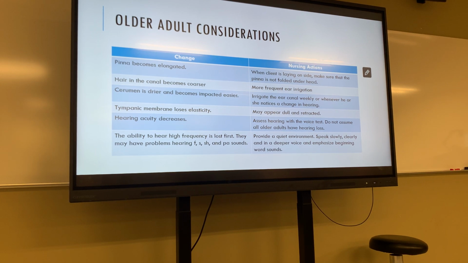So I mentioned that they have a hard time hearing high pitch noises, like their microwave, their alarm, the higher pitch things is what they have a hard time hearing. So when we're talking to them, we may need to speak in a deeper voice where they can hear us better, speak slowly and clearly, and emphasize the beginning of word sounds, okay?